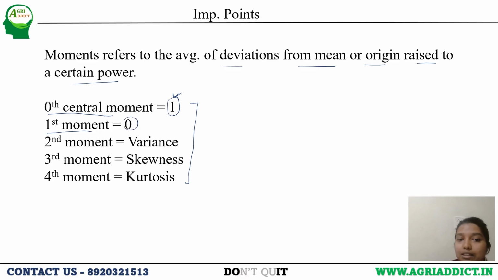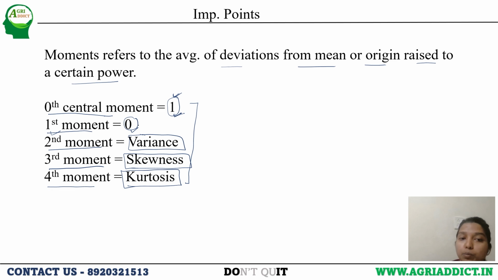Zeroth central moment is equal to 1. First central moment will be 0. Second moment will be variance. Third moment will be skewness. This we will be studying in the coming lectures. Fourth moment is kurtosis. So you have to remember that for the zeroth central moment, the correct option will be 1.